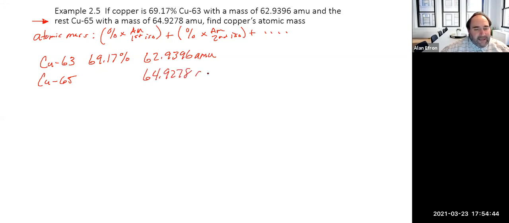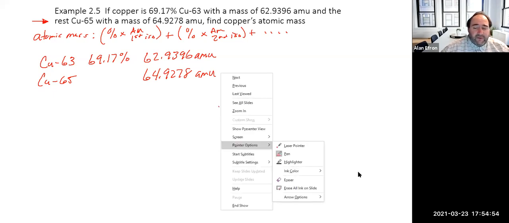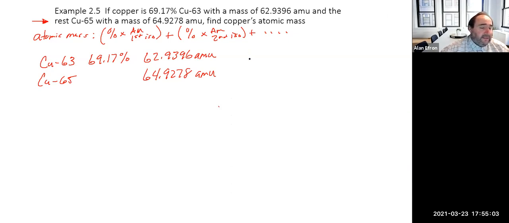So going under the assumption that these two isotopes are all the naturally occurring isotopes for copper, and we can probably safely make that assumption here in this problem, since those are the only two given to us, we could assume that we should have a grand total of 100%.